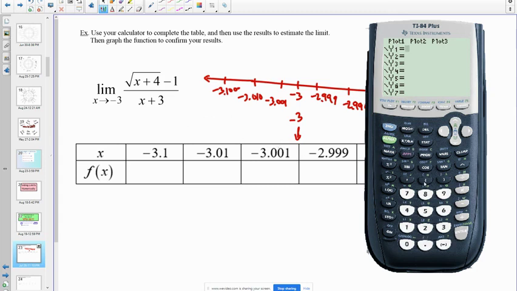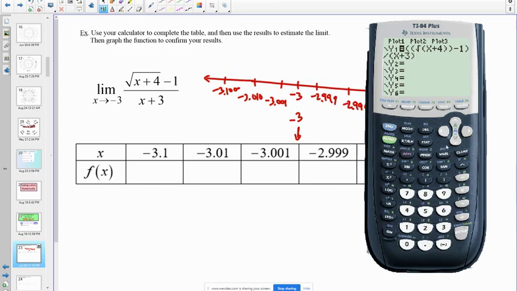I'm going to open up the parentheses, the square root of x plus 4, then I want to subtract 1, and I want to divide all of it by x plus 3. So let me actually insert parentheses here, come over here and insert a parentheses, and I'm going to divide all of that by parentheses x plus 3.